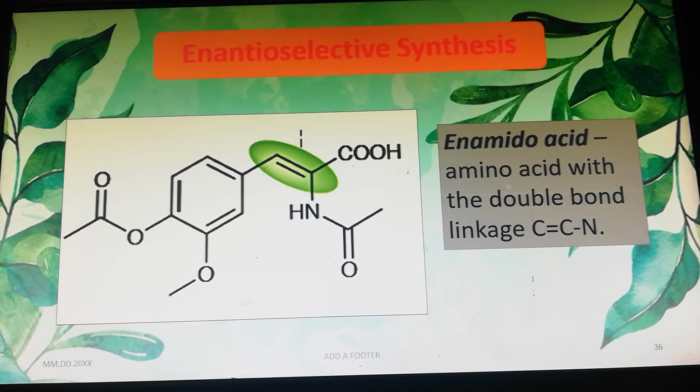He found that alpha amino acids can be prepared enantioselectively by hydrogenation of an enamido acid with a chiral hydrogenation catalyst. So we can prepare amino acids by breaking the double bond in this molecule.